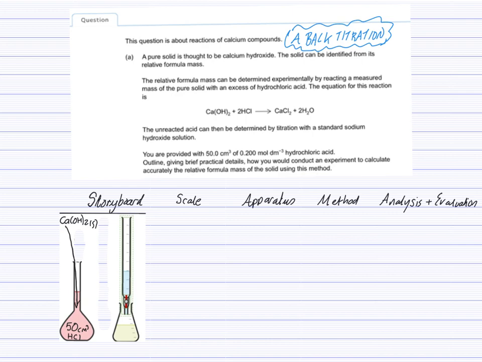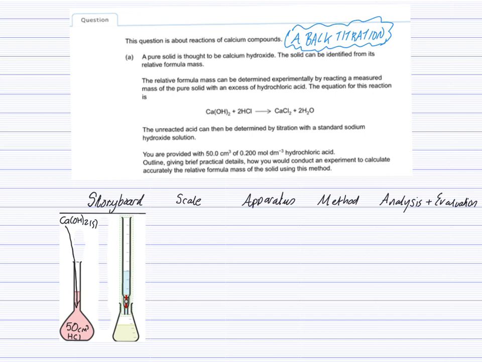And what we're going to do is we're going to put some pure calcium hydroxide into the hydrochloric acid. But then it tells us here the unreacted acid, which means that the acid must be in excess. So that means not all of the acid has reacted.